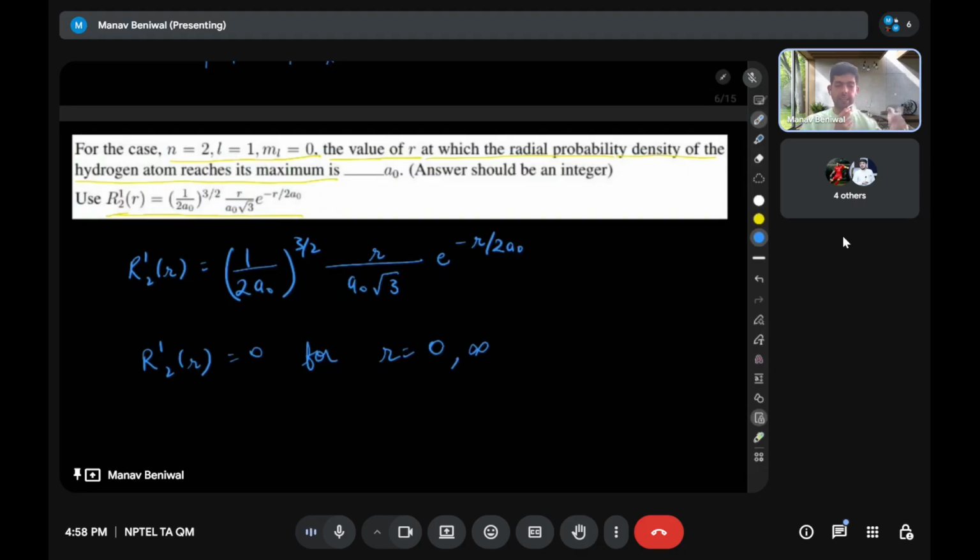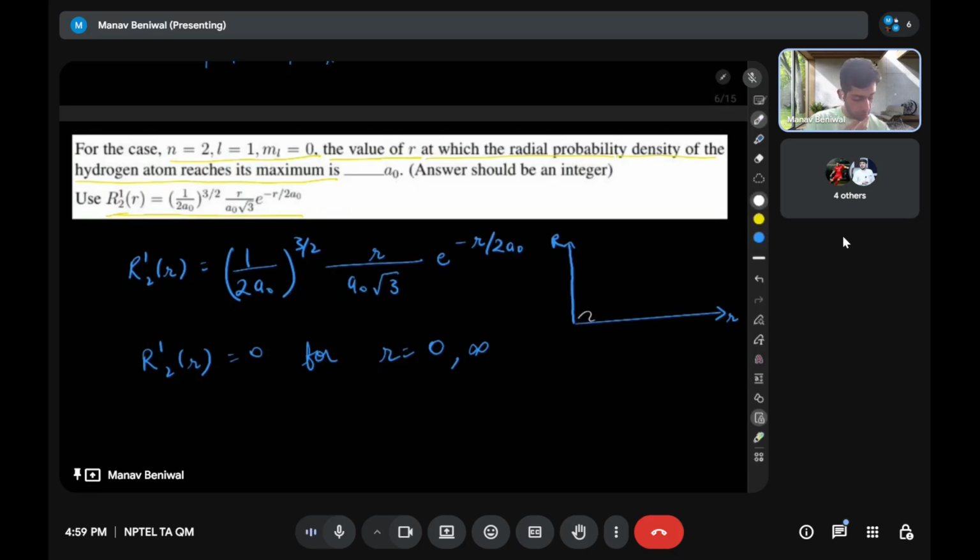Then we have theta and phi. So let's not worry about theta and phi here. Then basically what I am trying to say is, if you plot this function capital R as a function of small r here, what will it look like?